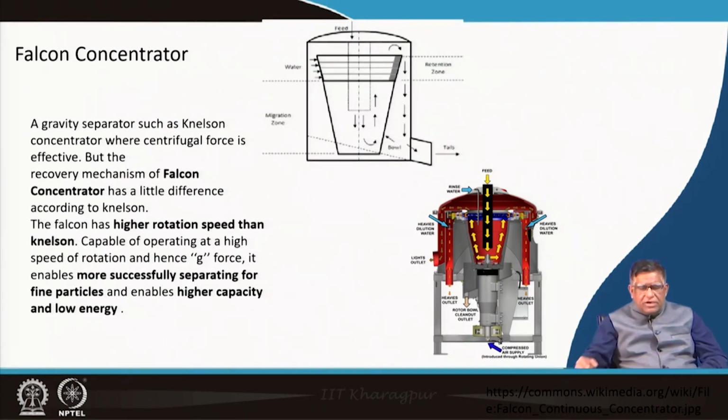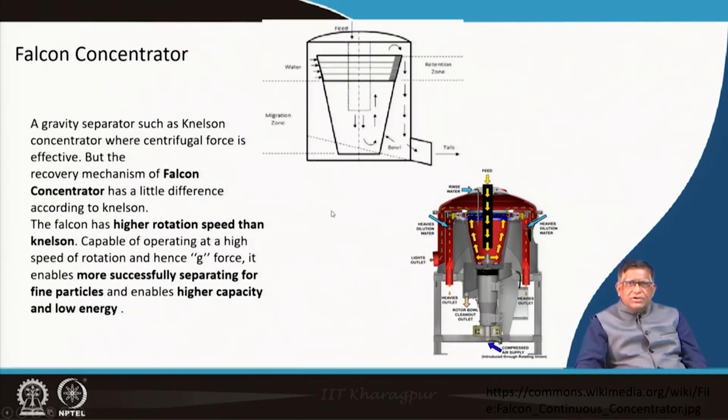Here the feed comes in, and when they rotate, it gets mixed, and then the dilution water comes out over here, the heavier material comes out over here, and the lighter goes like this.